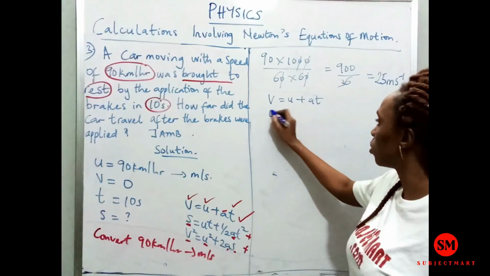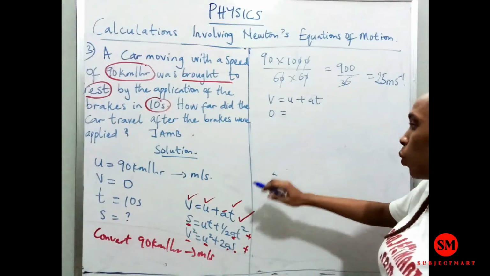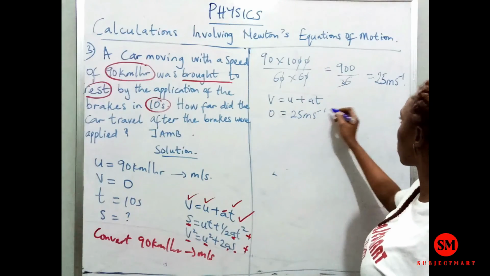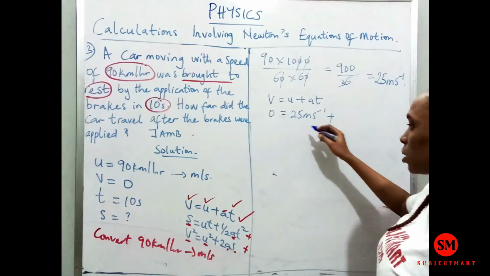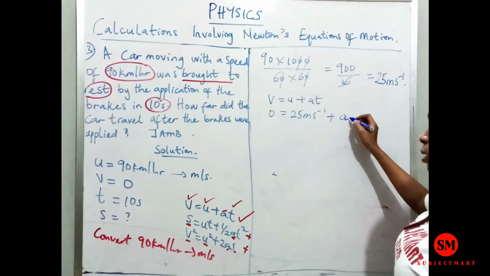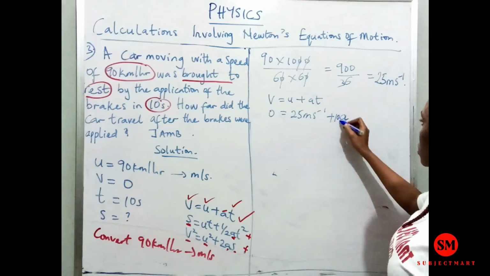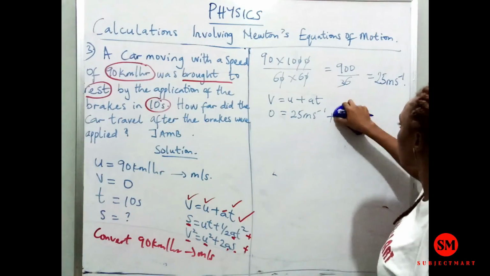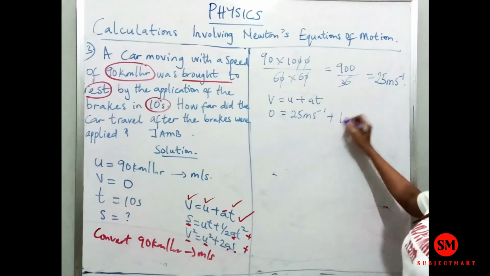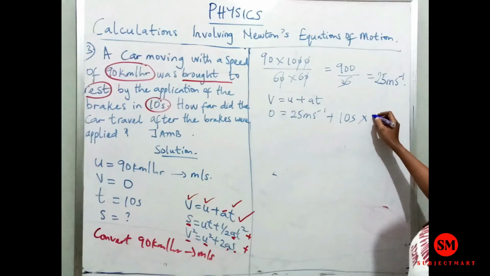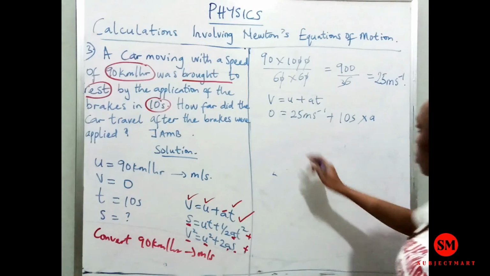Our V is 0. U, we just did that, is 25 meters per second, plus acceleration, that is what we are about to find. And our T is 10 seconds. So 0 equals 25 meters per second plus 10 seconds times A. That's our acceleration.